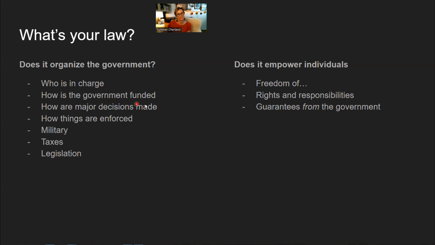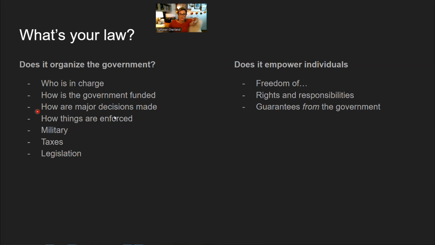How are major decisions made? Do we vote on decisions? Does one guy get to make the final call? How are these official decisions made? Also, how are things enforced? Did you come up with a law and then come up with a way to enforce that law? That's an organizational question. Did you have anything to do with the military, taxes, or legislation, which is writing laws?